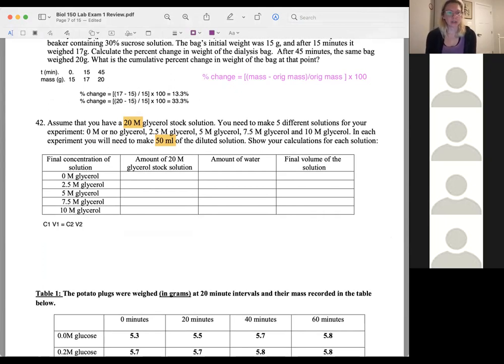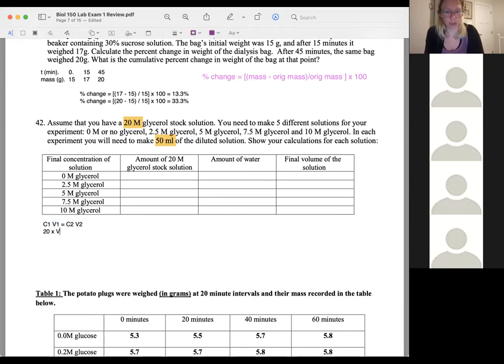All right, so what is our C1? Our starting concentration is this 20 molar solution, right? Times V1. That's equal to C2 times V2. We're trying to figure out how much of this 20 molar solution we need, so V1 is going to be our unknown.